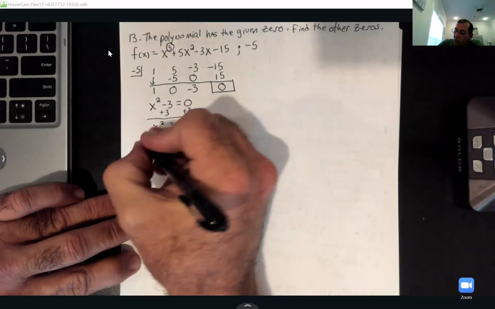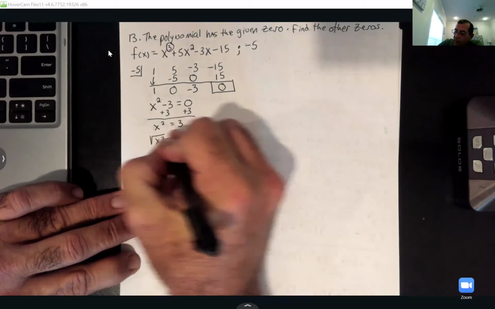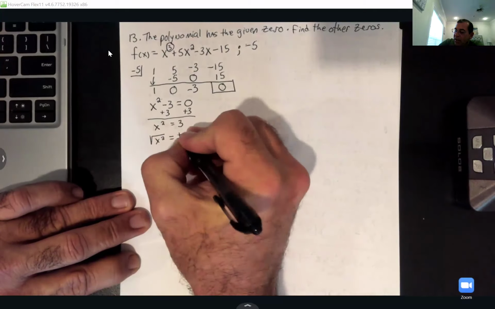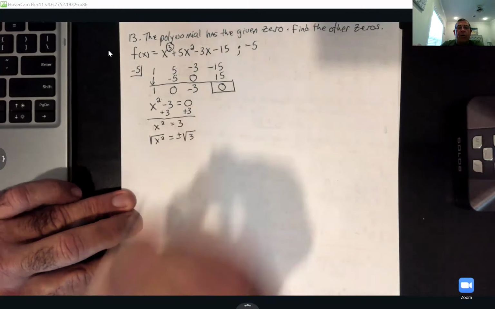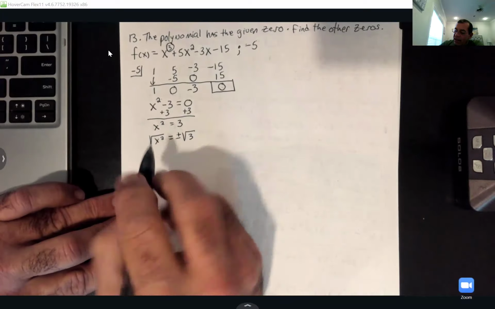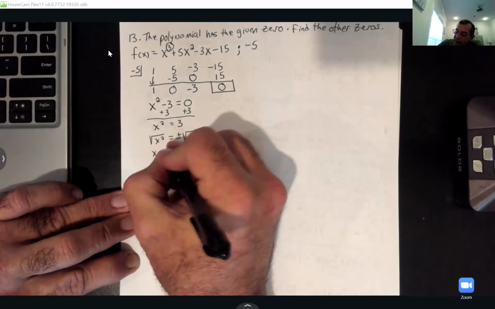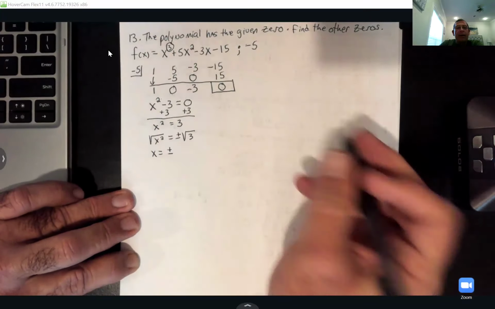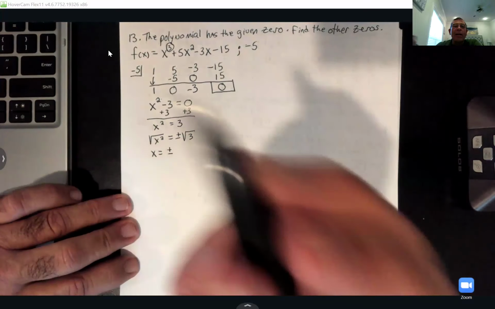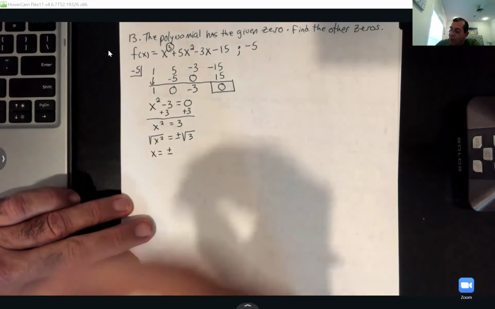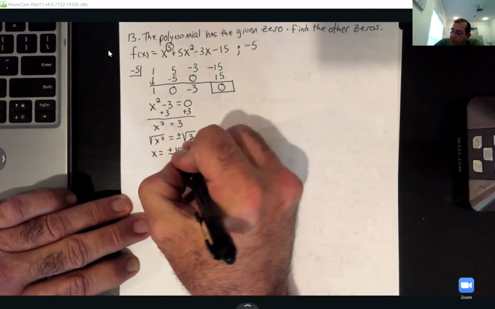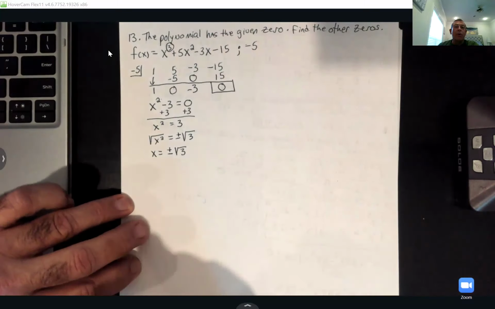And then let's do our square root. So that'll be a plus or minus square root of 3. So y'all, that cancels, giving me my x is a plus or minus. Oh, and y'all, guess what? We can't do anything with that square root of 3. It's not a perfect square. So that's going to stay square root of 3.